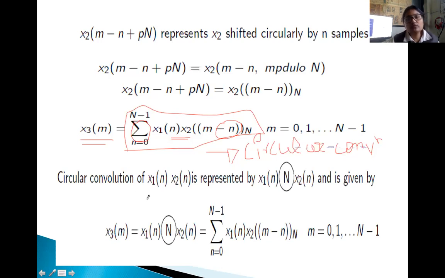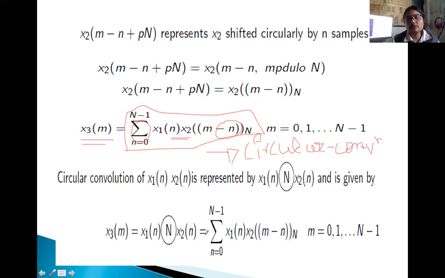So circular convolution of x1 of n, x2 of n is represented by x1 of n circularly convolved with x2 of n, and is given by x3 of m, which is equal to circular convolution between two sequences, x1 of n and x2 of n.